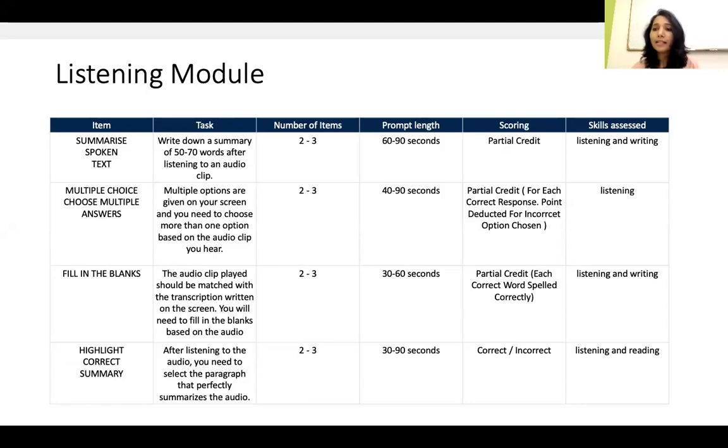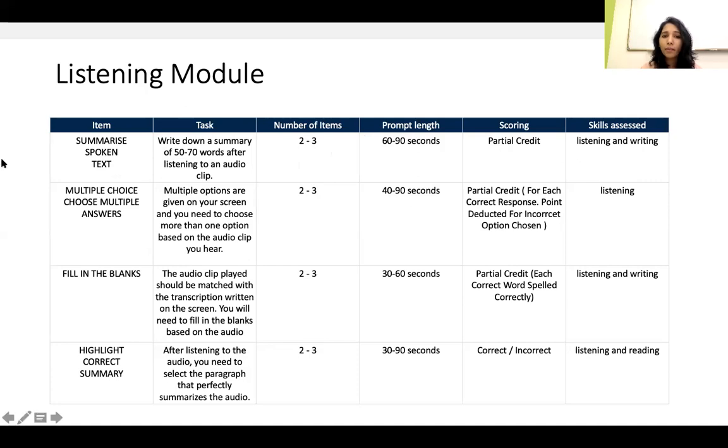The reason why listening is divided into 2 sections is because Section 1 has a single question type, so it only possesses one question type where this question type has definite time allotted to it. So the question type here in Section 1 is summarize spoken text. So you'll have about 2 or 3 of these questions and each question is allotted 10 minutes. So you are strictly allotted 10 minutes per question.